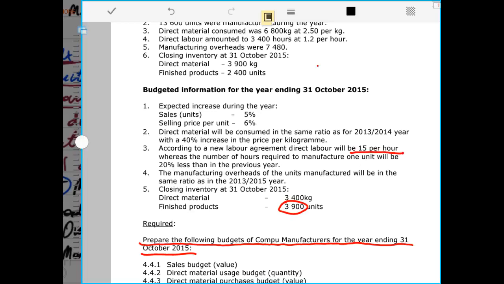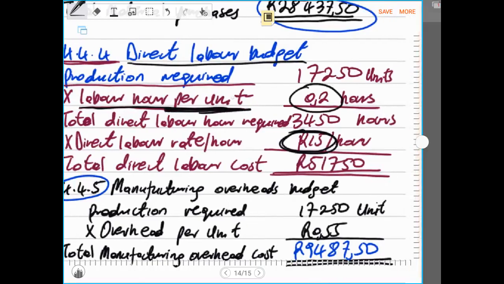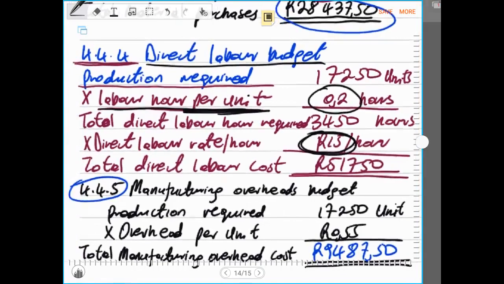We said it takes 0.2 hours to complete one product, and that was the labor hours per unit.